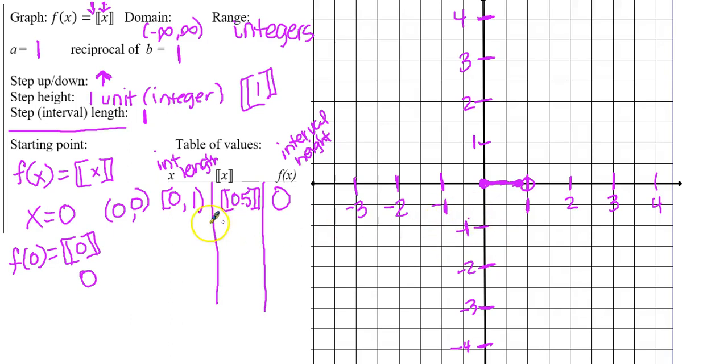Okay, so now we're going to go back to our table of values and pick the next interval. The next interval would start where we left off, inclusive 1, all the way to 2, non-inclusive. Then we can pick any value we want within that domain interval. So 1.75 will work. 1.75 rounds down to 1.